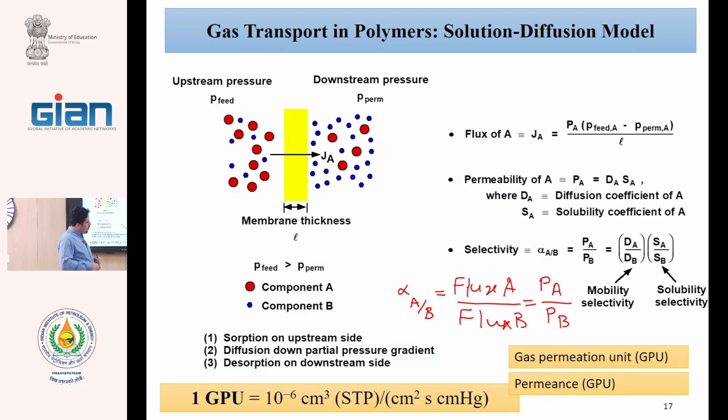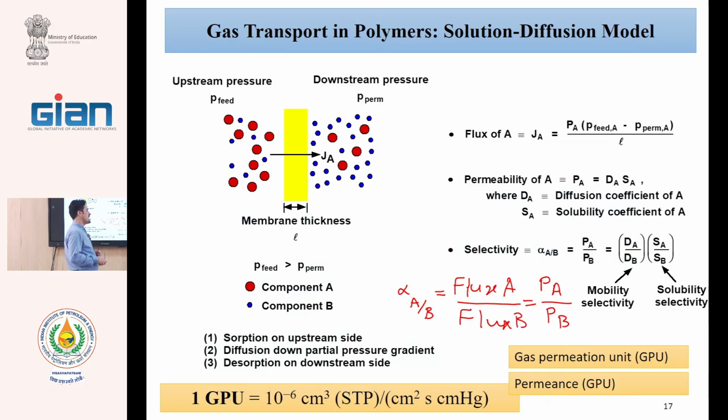That is the volume of the gas passed through the membrane surface area in a certain time and at a certain applied pressure. This is the flux that in gas separation we call permeance. And the unit is 1 GPU.